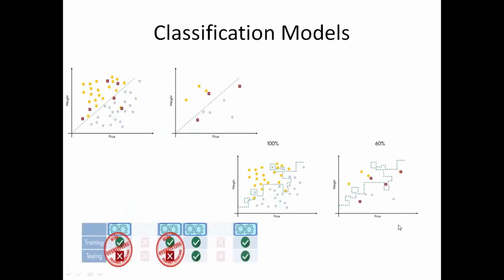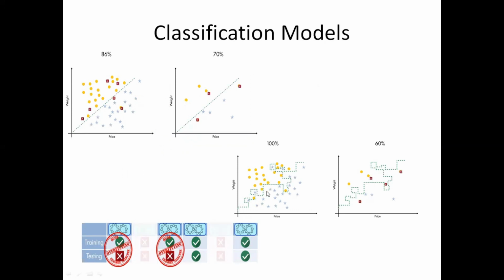Now in the two models that we have developed, as I had shown, if we check the accuracy, this simple model gives an accuracy of 86% for the training data, and an accuracy of 70% for the testing data.